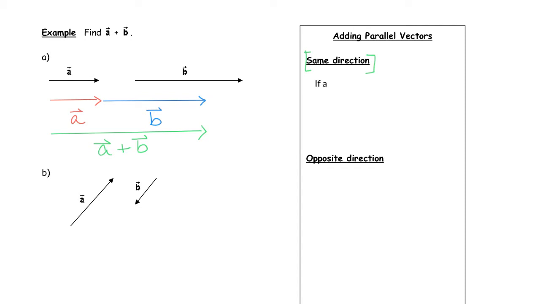So if A and B, I'm going to add my arrows after, are in the same direction, then A plus B is going to go in the same direction.